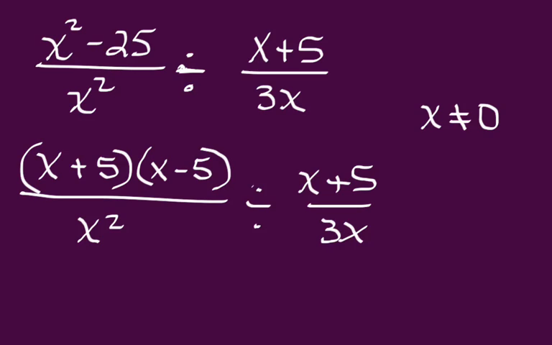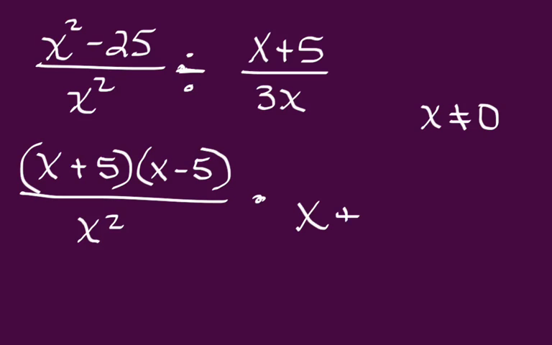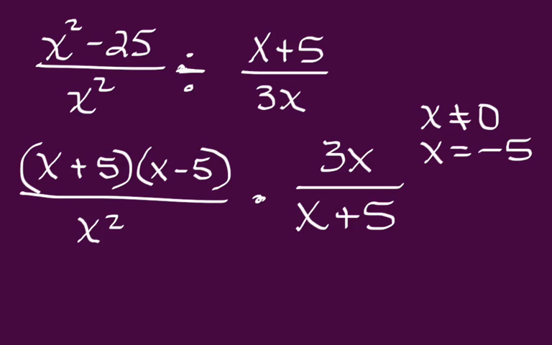When you change this over to a multiplication problem, the x plus 5 winds up in the denominator and the 3x in the numerator. So now we have an additional restriction. So x can now also not equal -5.